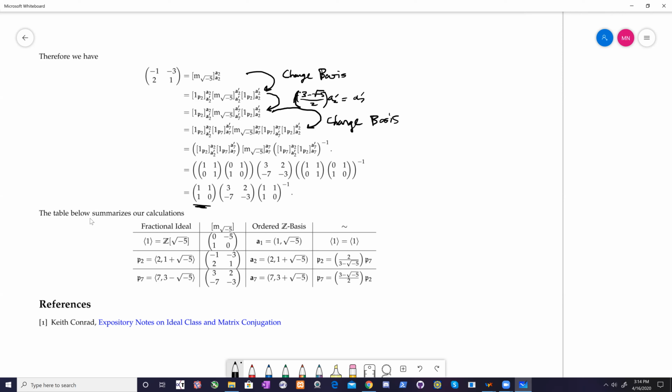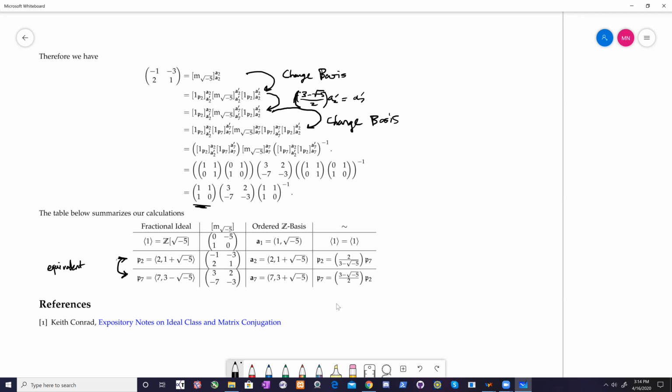To end this presentation, I just summarized some of the calculations that we did in this table. So these guys here are equivalent.